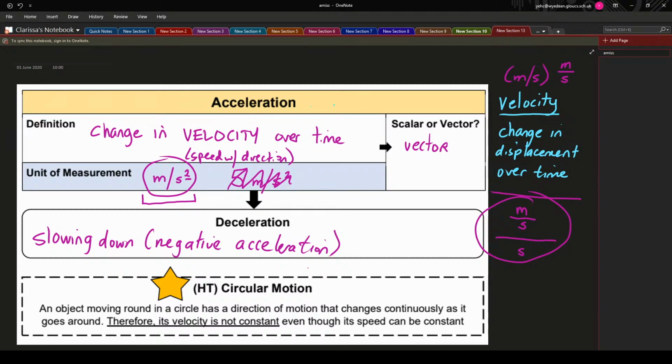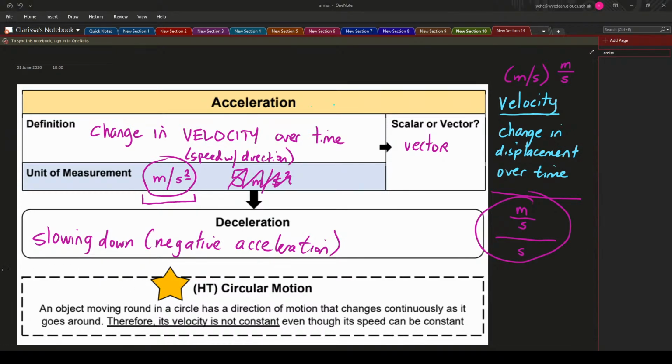But that question was basically asking you to calculate acceleration. So any formula for acceleration, you also use for deceleration. Don't think that they're two separate things. They're the same thing, except deceleration is just specifically when you're slowing down. Okay.